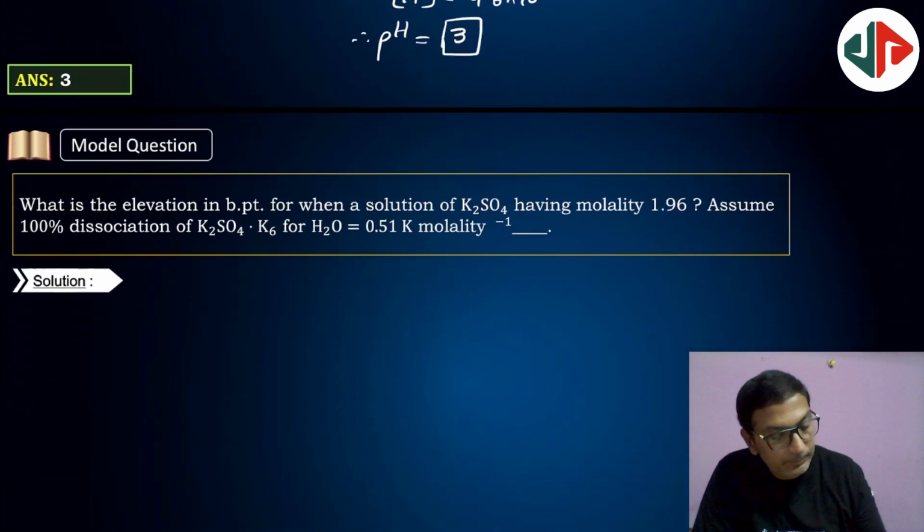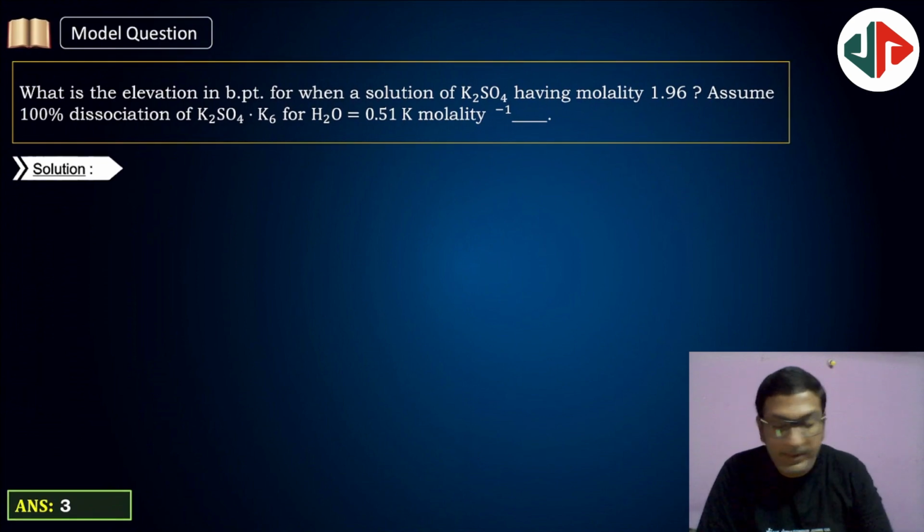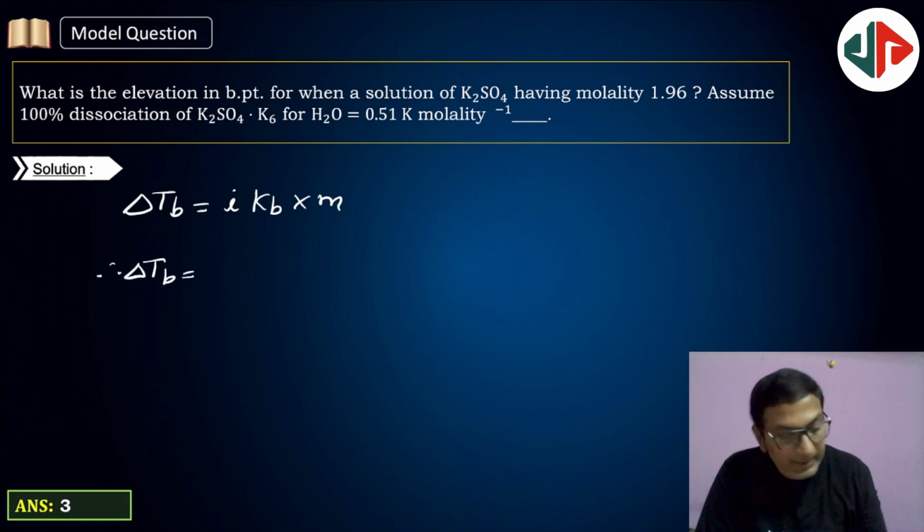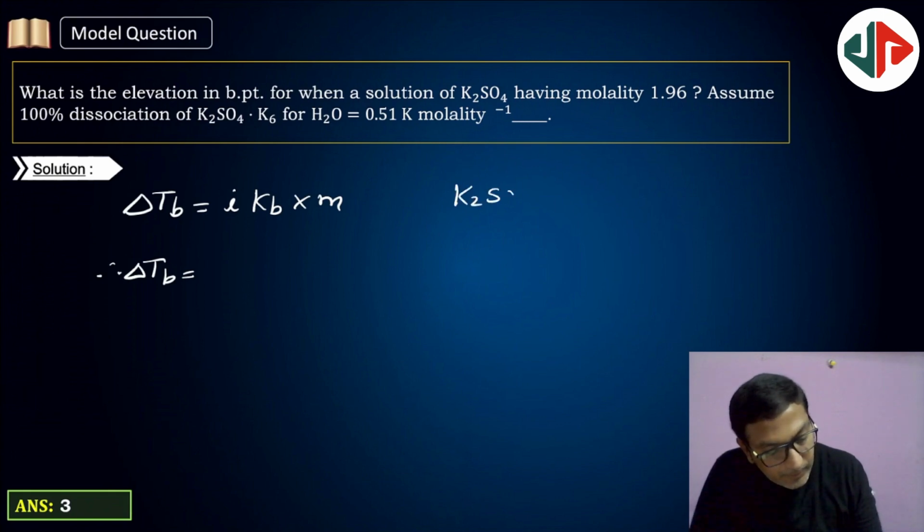Next. What is the elevation in boiling point for a solution of K2SO4 having molality 1.96? Assume 100% dissociation of K2SO4. Elevation in boiling point, delta Tb equal to i into Kb into m, molality. So the Van 't Hoff factor for K2SO4: dissociation gives 2K plus and SO4 2 minus.